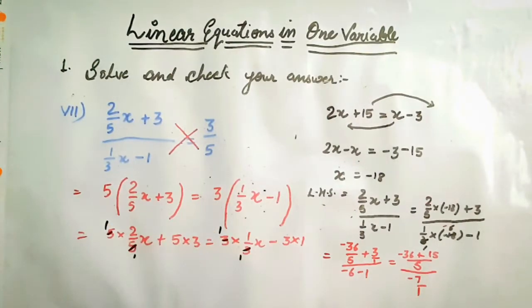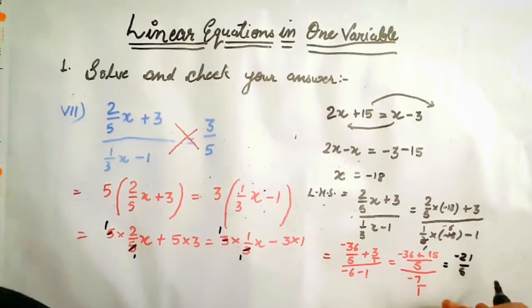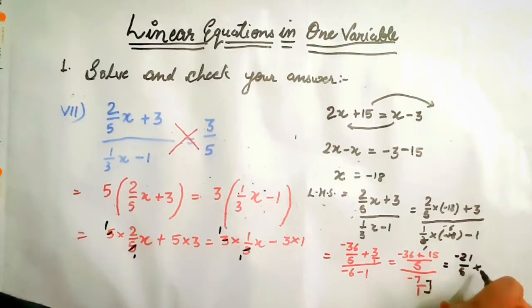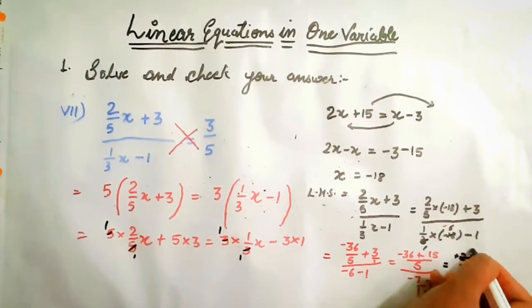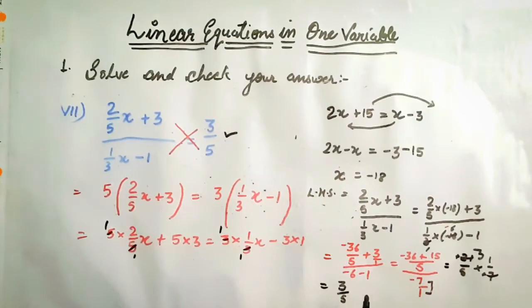So minus 36 plus 15 will be equal to minus 21 upon 5. Take this to the numerator, it will become multiplication, and we need to take the reciprocal, that is 1 upon minus 7. So minus is cancelled and 7 3s are 21. Your answer will be 3 upon 5. So you can check this is equal to your right hand side.